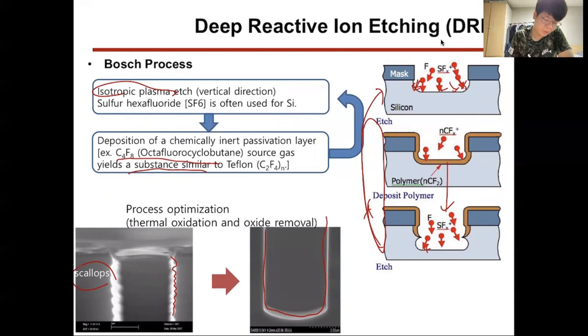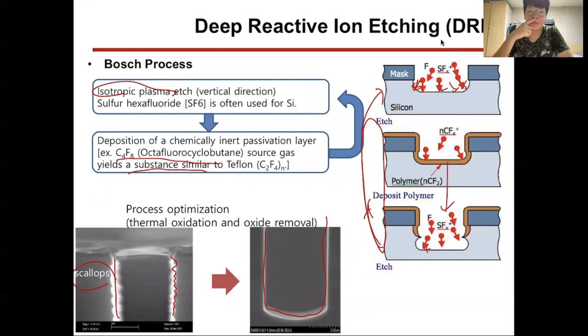We deposit oxygen on the scallop surface to grow thermal oxide, and then we remove the generated oxide using a wet etchant.